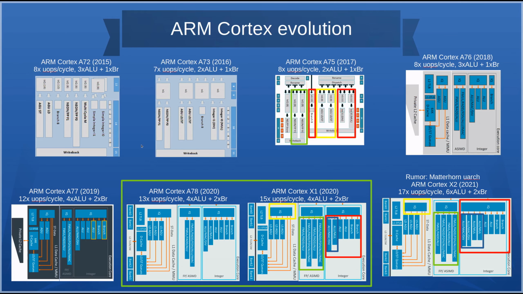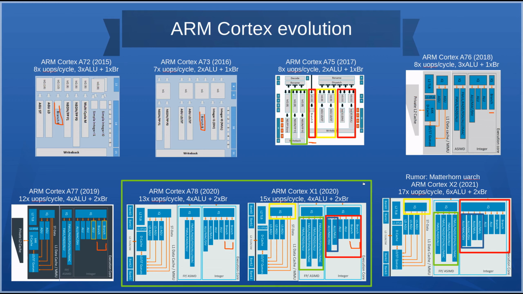ARM Cortex cores have always had a separated branch unit, since ever. The 76 also has a separated branch unit, and the Cortex 77 has 2 separated branch units, the same as Apple. And the Cortex 78, the new one, and especially the X1, also have 2 special branch pipelines.